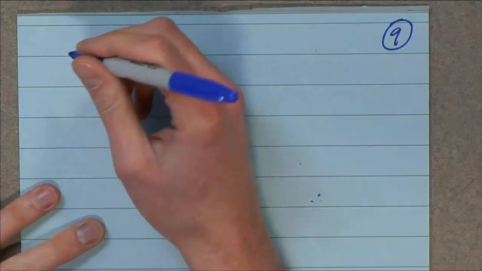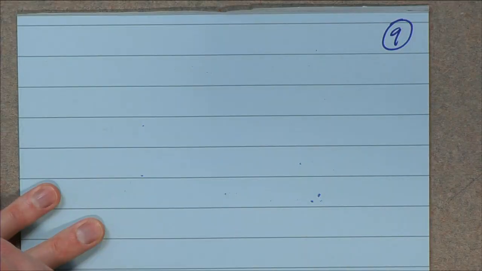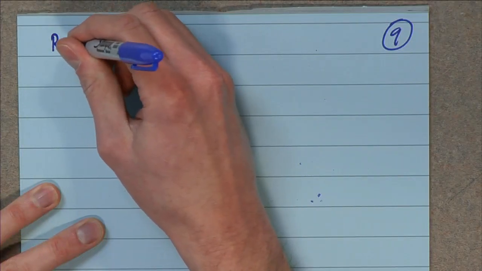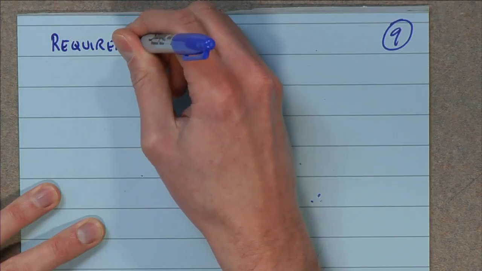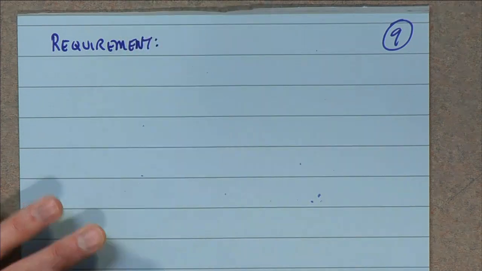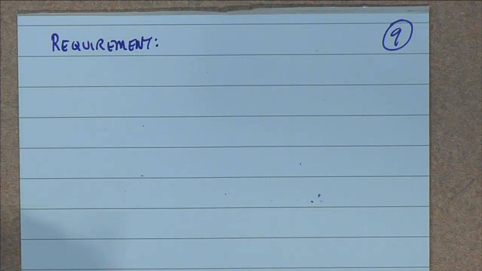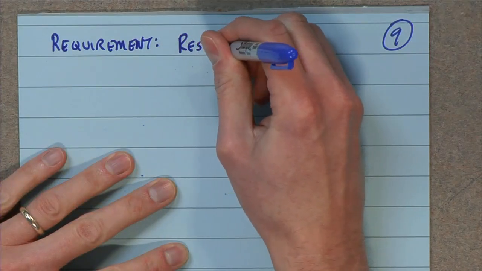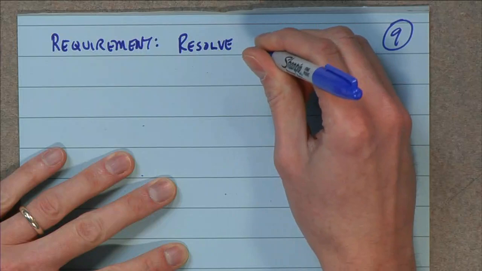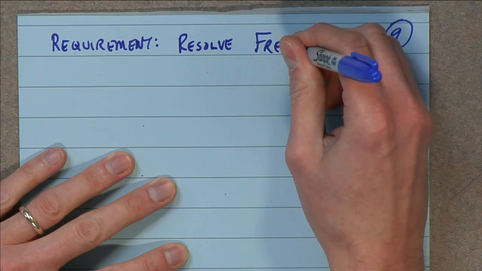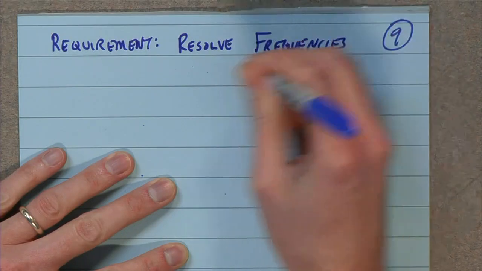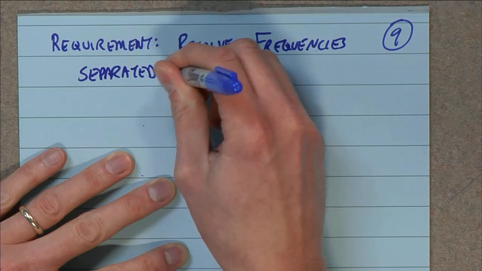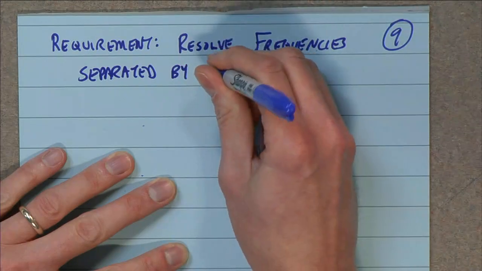So let's suppose we have a requirement that's basically saying you're going to have this data acquisition system, but it needs to be able to resolve frequencies separated by pi over 100.